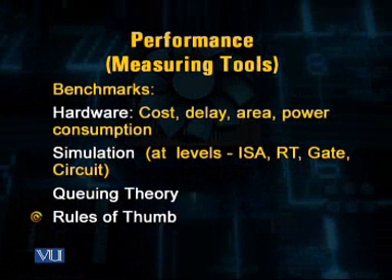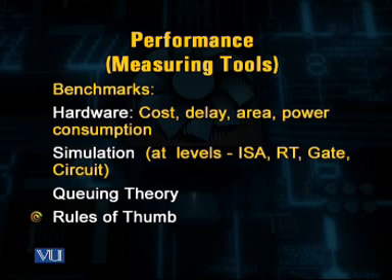Another way of measuring the performance is to use certain rules of thumb, which means that we know that it is always better to have minimum values. That is one rule of thumb: in the design, the power should be minimum. The other is that the time to execute instructions should be minimum. The number of components on the chip should be minimum, and so on and so forth.